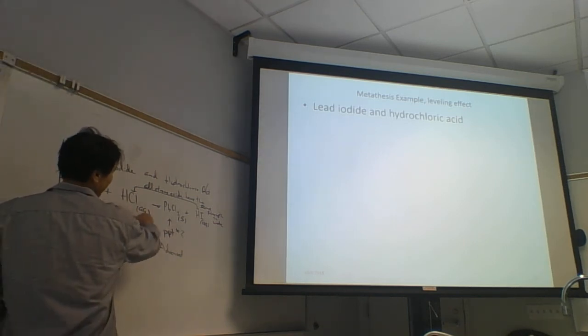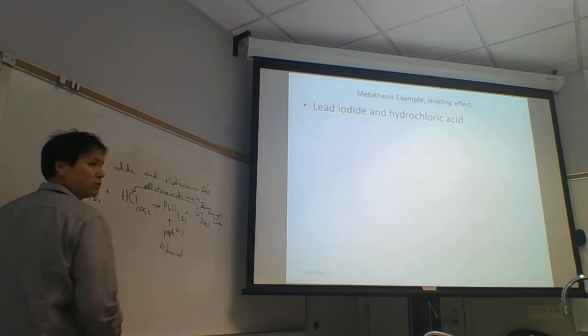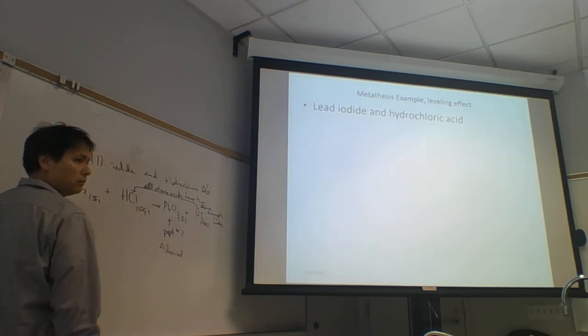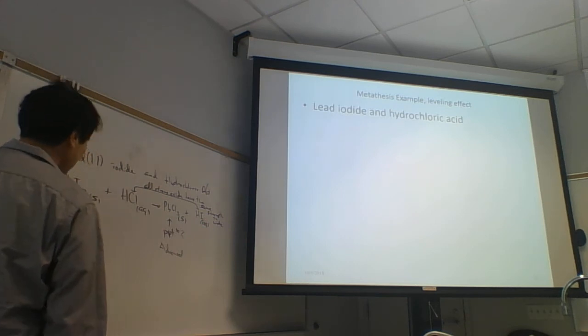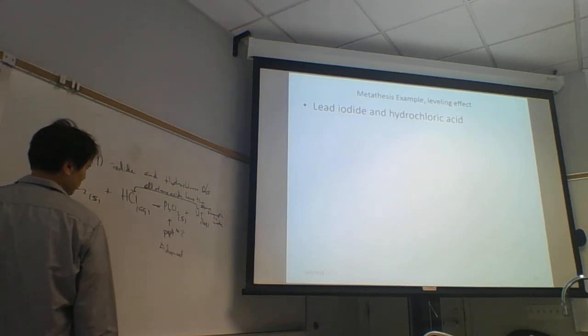So this one is advanced because we need to know how PbI2 compares to PbCl2. And therefore, we probably look it up online, or we could try theoretically, what makes a stronger lattice in theory.